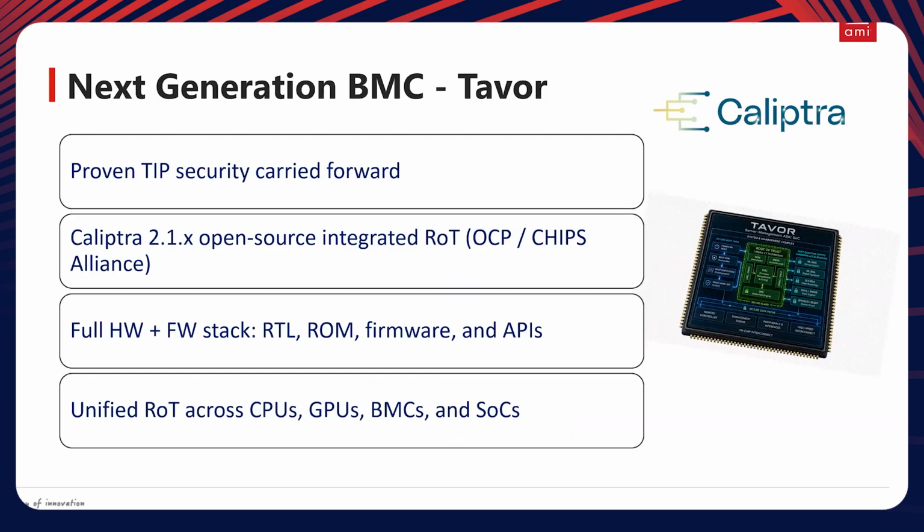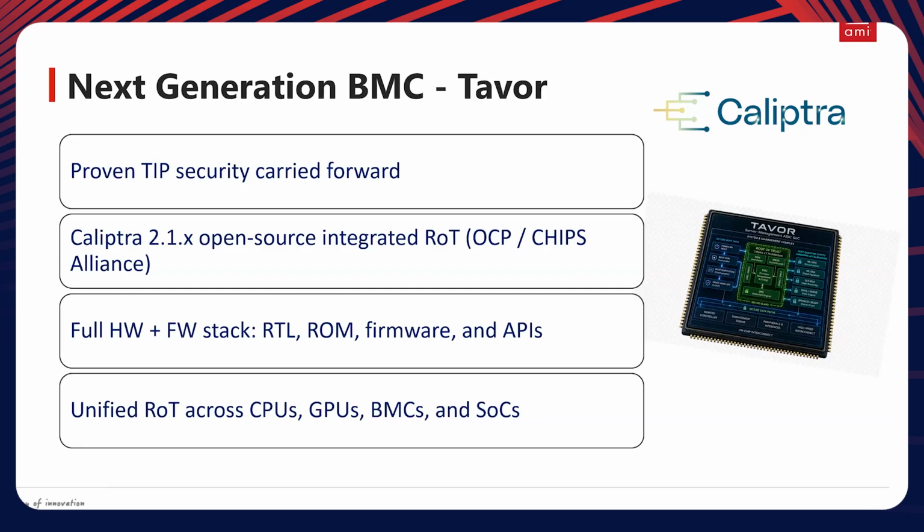The reasons for the change are both marketing and technical. We believe that the industry is going towards unification of the root of trust, Caliptra for example, and we are part of the industry, so we're moving along. It's basically taking the proven technology of the TIP and moving forward with the same technology. We're not changing our minds, we're just replacing the processor.